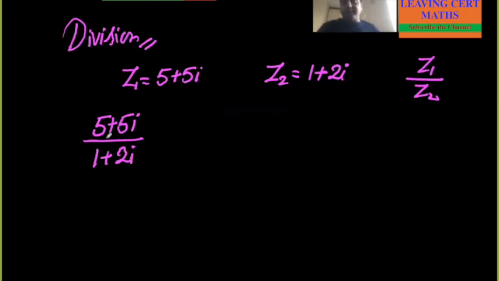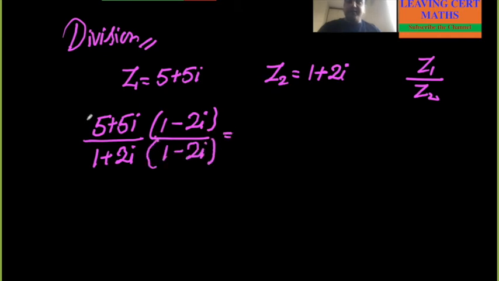So what we have to do is basically find the conjugate of the denominator. What is the conjugate of this? Is it not 1 minus 2i? So multiply up and down with that, and now the question becomes easy. This is just a simple multiplication. So let's multiply. This is 5, right?